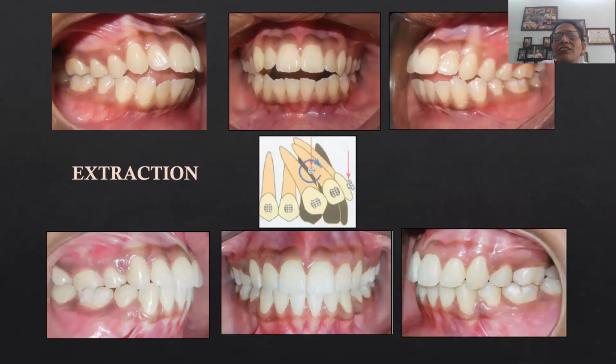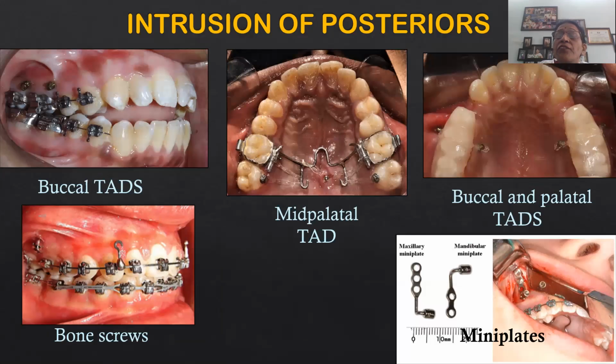So extractions are indicated, favorable in cases of skeletal open bite, as with retraction, the bite deepens. When intrusion of the posteriors is to be carried out, when we can't afford extrusion of the incisors, depending on the incisal show at rest, then in that case, intrusion of the posteriors can be carried out by making use of the buccal TADs. But when you put the buccal TADs mesial to the first molar, it can cause a buccal flaring of the molars.